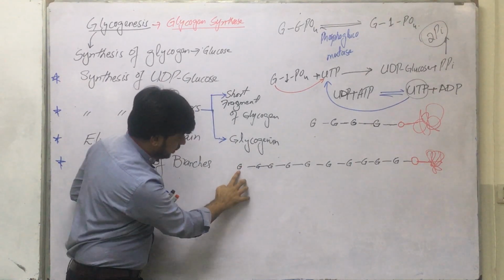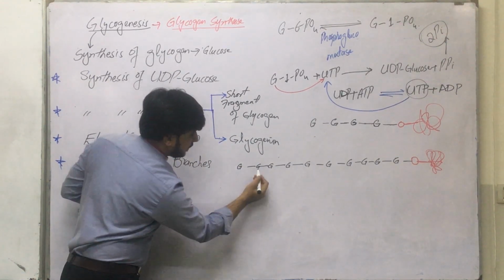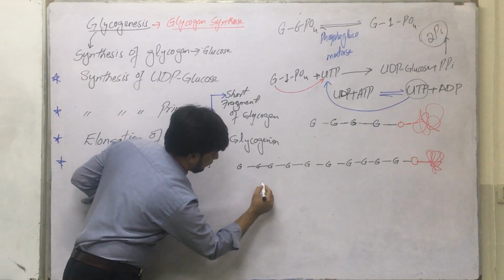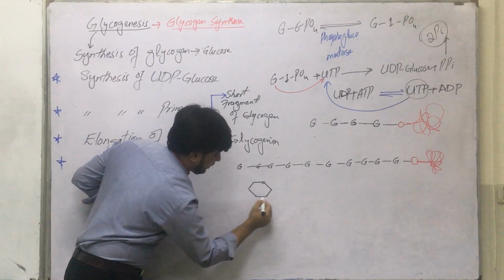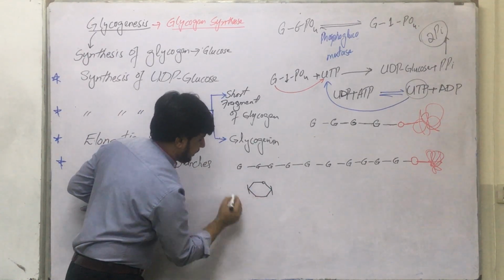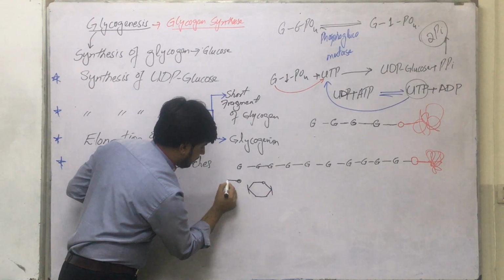Let me explain this with the diagram. Suppose we have here this glucose molecule, like this, and this glucose molecule like this.